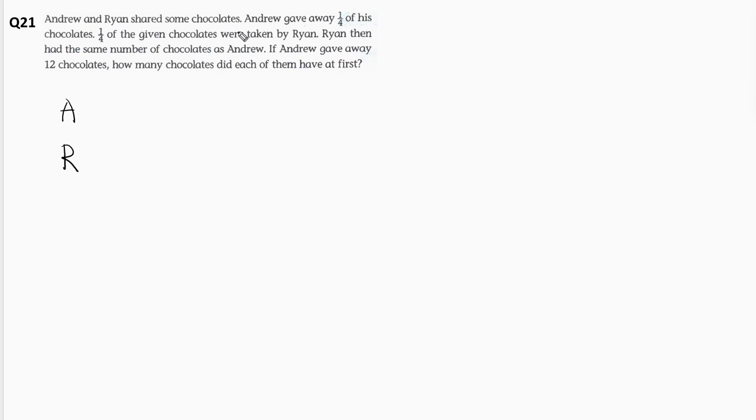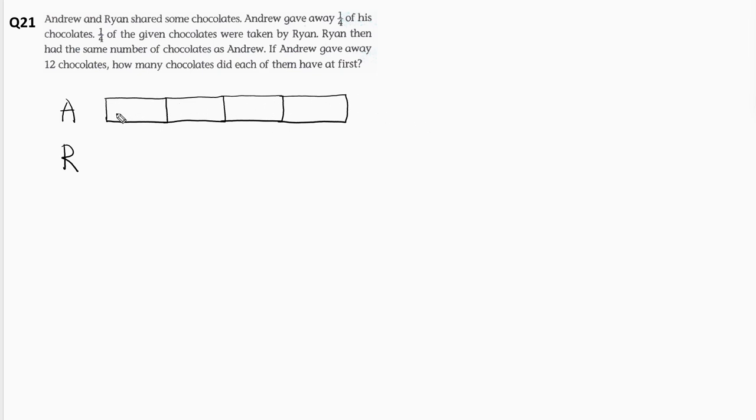And they shared some chocolates. Andrew gave away a quarter of his chocolates. Now, I'm going to start there, and that means I'm going to draw a bar for Andrew, but I'm going to divide it into 4 equal sized parts to represent quarters. Again, I'm drawing it part by part rather than drawing a big bar and subdividing it.